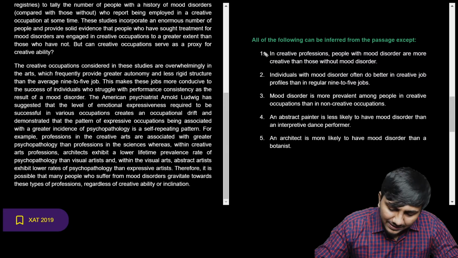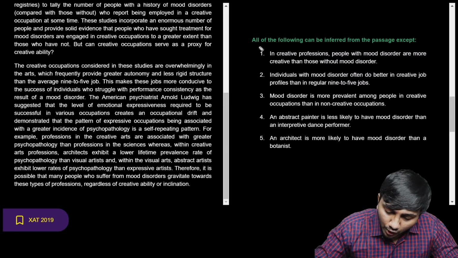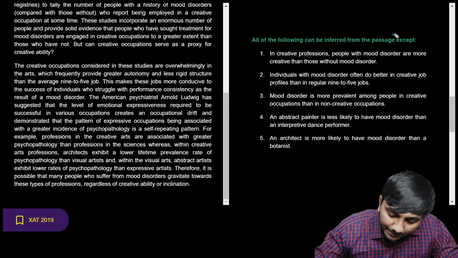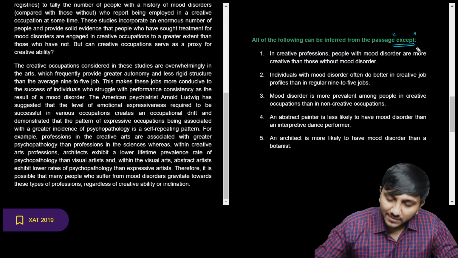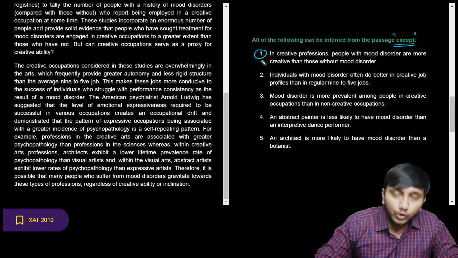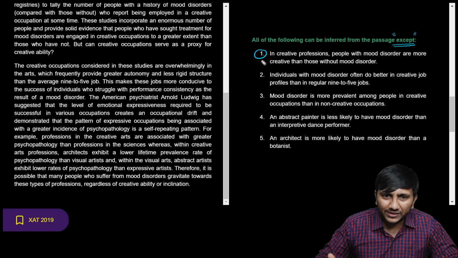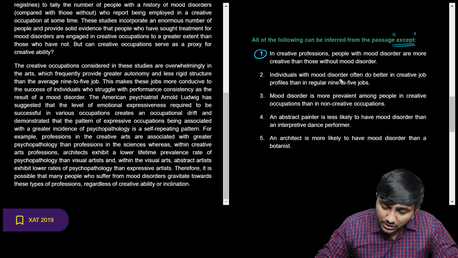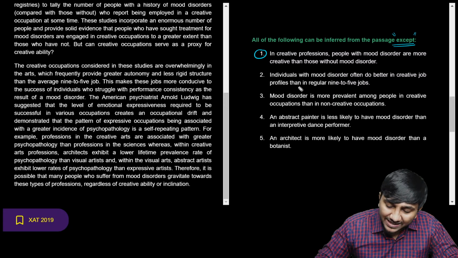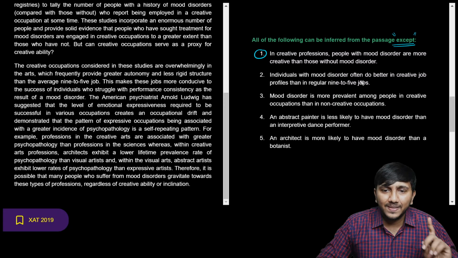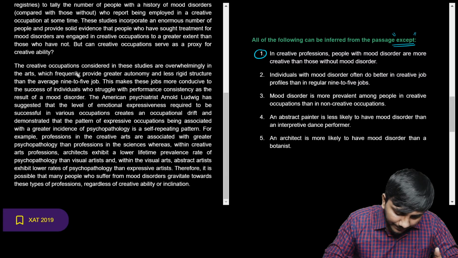Okay. So we are looking for all of the following can be inferred from the passage except. So looks like this could turn out to be the answer. Let's look at the other ones. Individuals with mood disorder often do better in creative profiles than in regular 9-to-5 jobs. That was given around here, right?